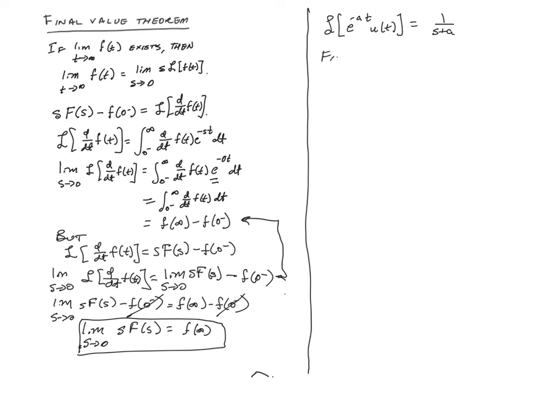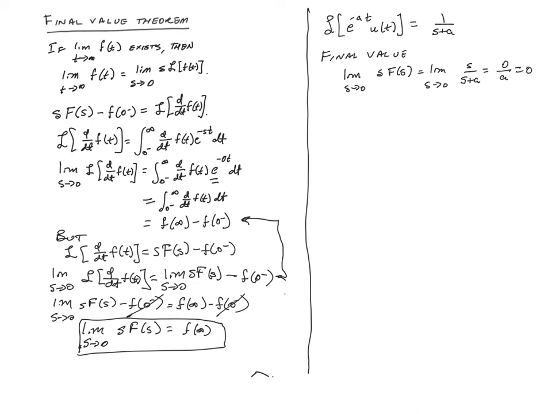The final value will have the limit as s goes to 0 of s times F of s equals the limit as s goes to 0 of s over s plus a, which is equal to 0 over a, equals 0. Okay, so this works just fine.